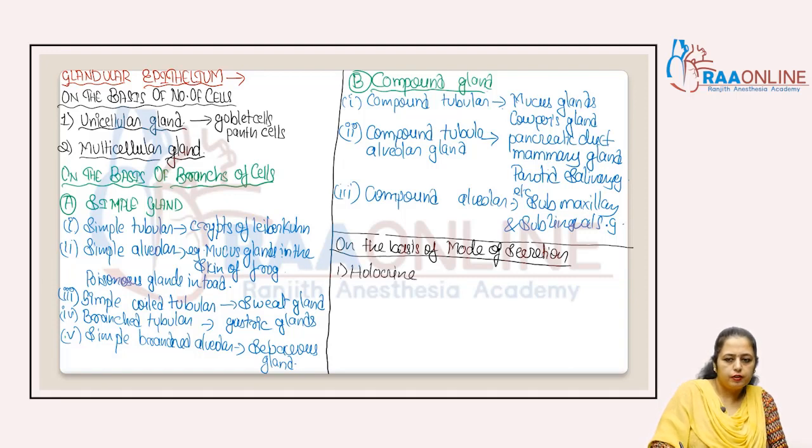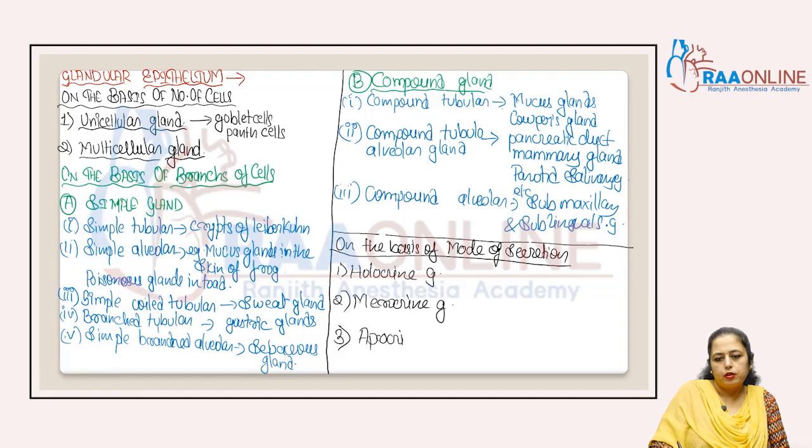Holocrine gland, merocrine gland, which is also known as eccrine, and third one is the apocrine gland. Holocrine gland example is the sebaceous glands.